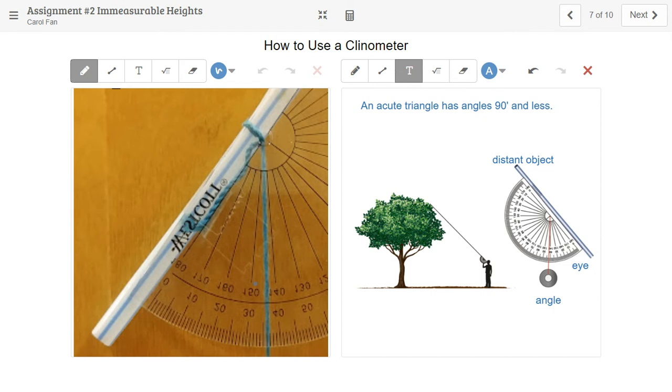Okay, so for example, if I'm measuring this, you see that this is between 30 and 40 degrees. So this is probably 36 degrees, and the angle up top here is going to be 36.